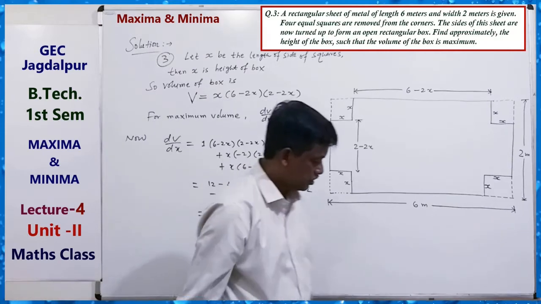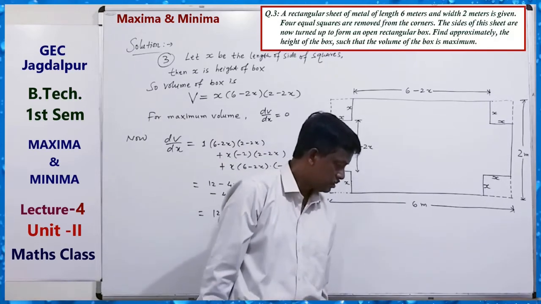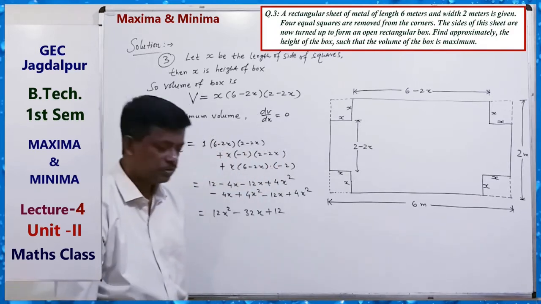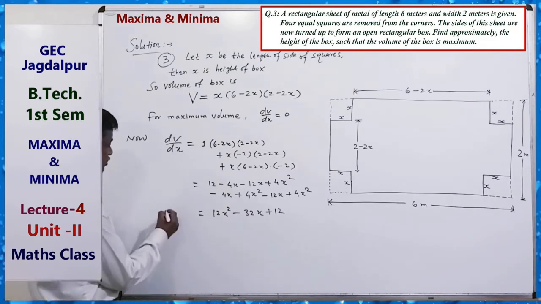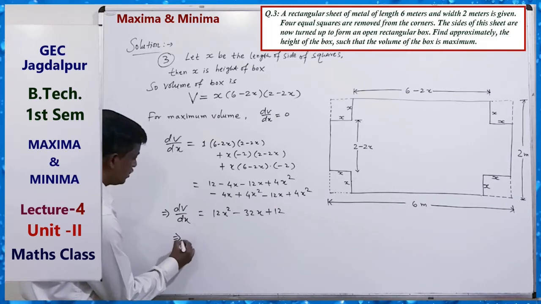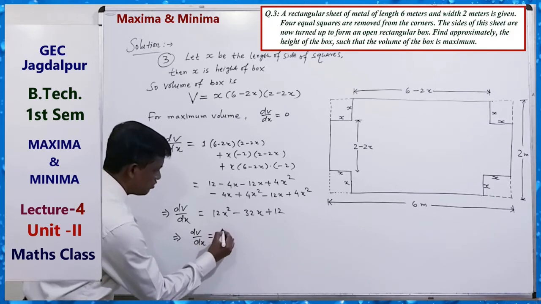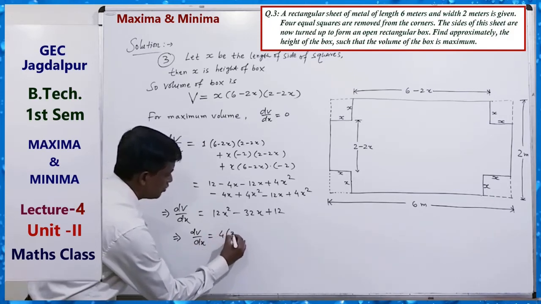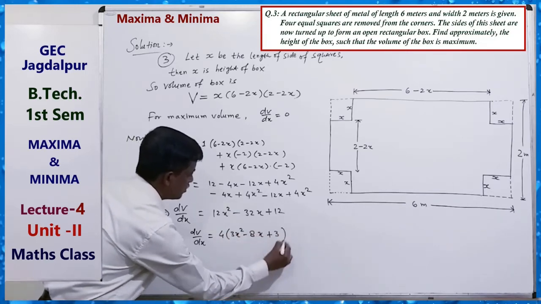Okay, 12x square minus 32x plus 12. So this is the derivative, dV by dx. Here, 4 common: 4(3x square minus 8x plus 3).